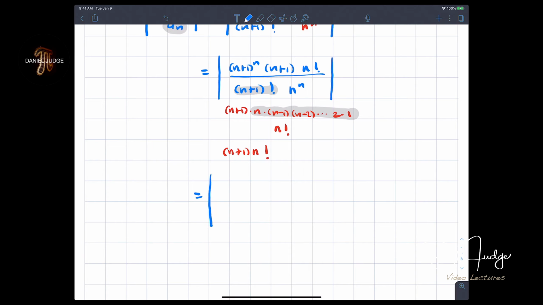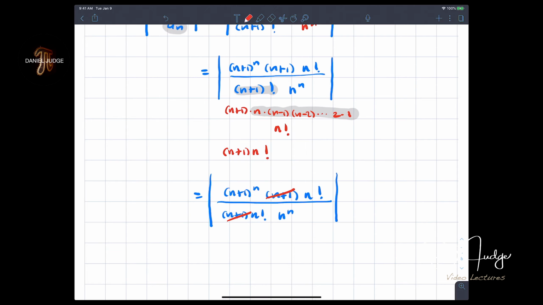Because when we look at this, we get n plus 1 to the n times n plus 1 times n factorial, everything over n plus 1 times n factorial, n to the n in absolute value. So n plus 1 goes away. Hold on, n plus 1 n factorial.